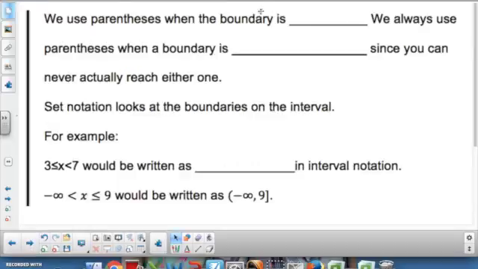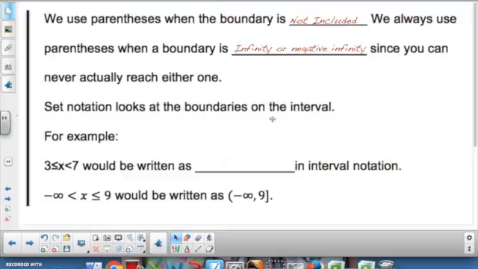If the boundary is not included, that's when we use parentheses. So you're always going to use parentheses if your boundary is infinity or negative infinity, because you're never actually going to get to infinity. It's just an idea that we aspire to, and you never actually get to negative infinity.